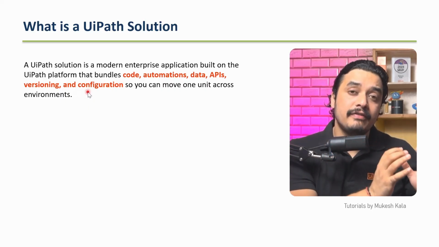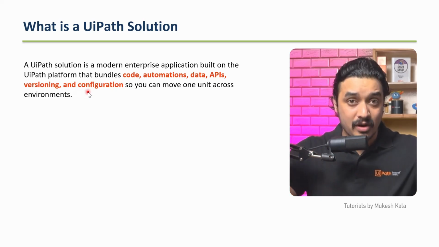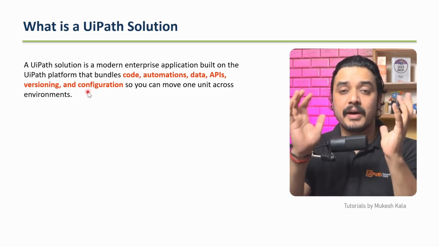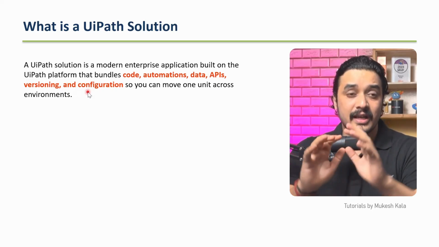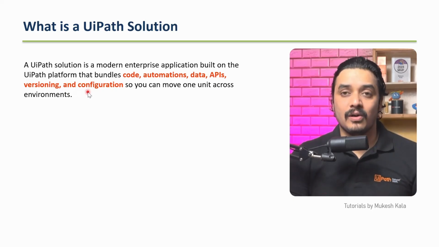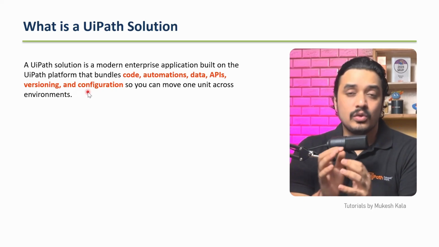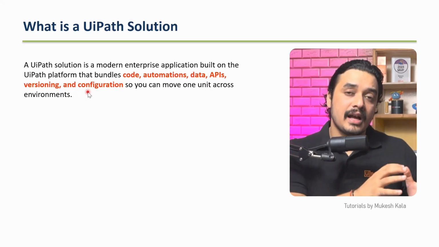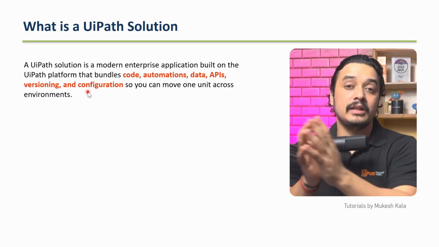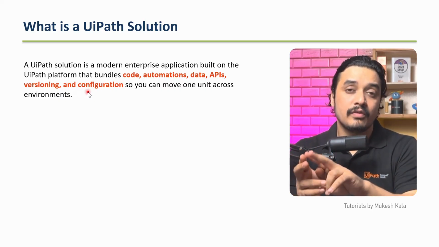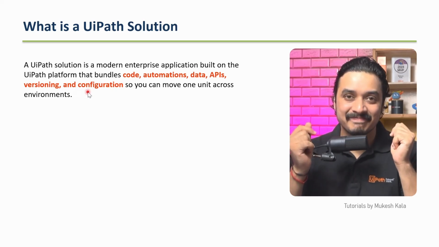So all the different components which you can have in a complete project, if I combine all of them together into a big modern enterprise application, that would be called a UiPath solution, which will help me to code easily. And whenever I have to move the components from one environment to another, or in other words from one Orchestrator to another Orchestrator, it would be very easy for me, right?